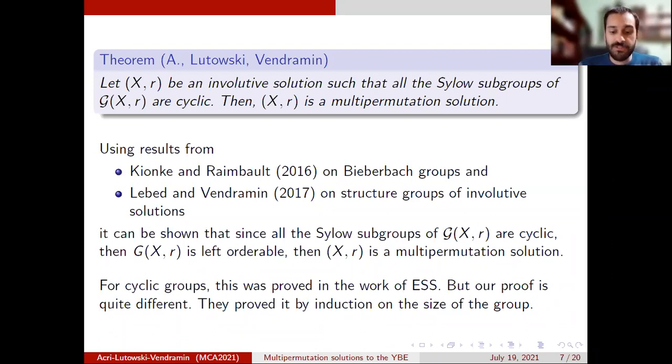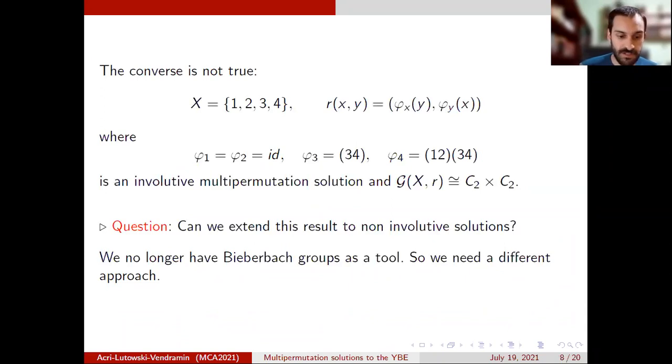So an interesting question is whether or not the converse of this theorem holds, and the answer is easy. We have this toy example, which is a multipermutation solution that is involutive, but the permutation group is the Klein 4 group, so the unique Sylow subgroup is not cyclic.